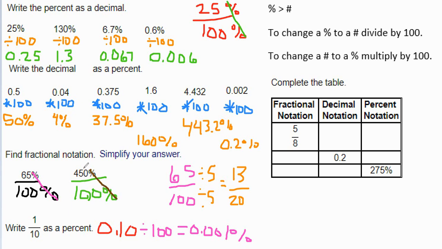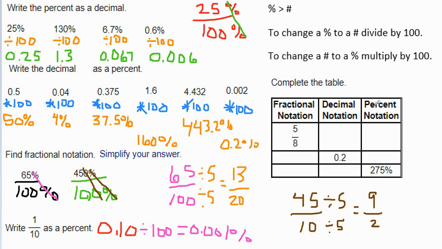The percents will cancel off, and this last 0 will cancel off for both of them. You may remember that from a prior math course. So we have 45 over 10. Again, for this one, we can divide the top and bottom both by 5. That would give us 9 over 2. And since 2 is prime, we are definitely done at that point.